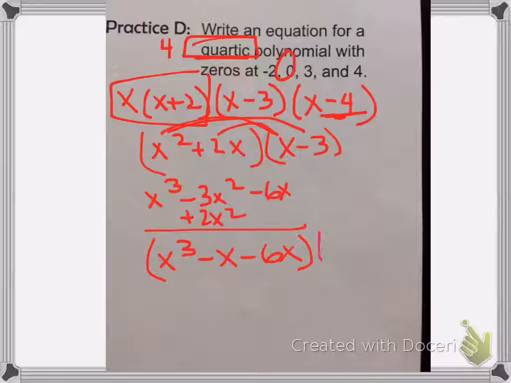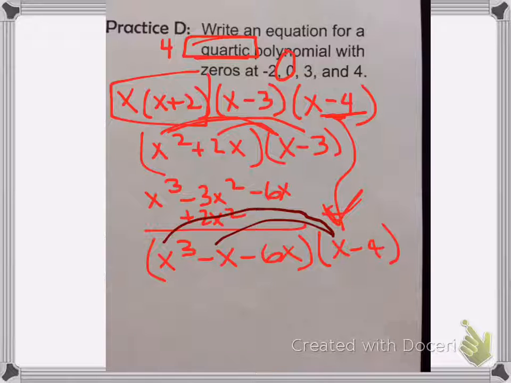And I still have to multiply that through here by the x minus 4. Sometimes I like to put that in the front and multiply, sometimes in the back. It doesn't really matter. The x is coming here, here, and here. And then the 4 is coming here, here, and here to get your solution.